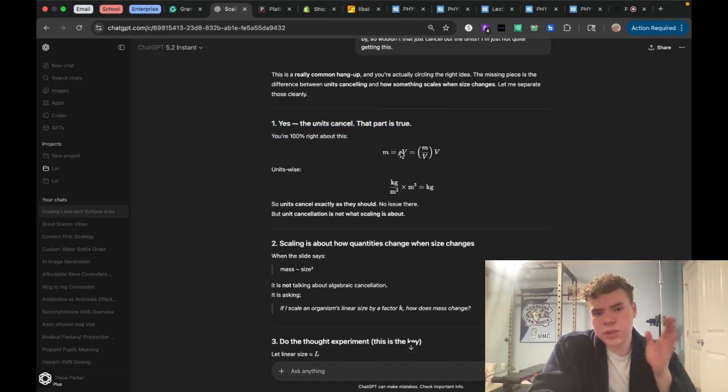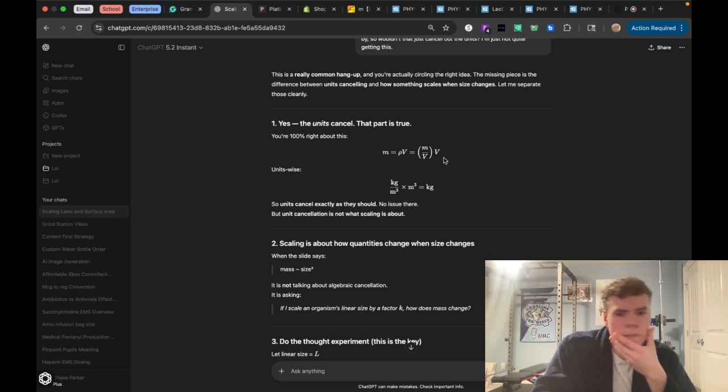All right, so mass equals density times volume, which is equal to mass divided by volume multiplied by volume. Oh, so that would just cancel out. That would just equal mass.